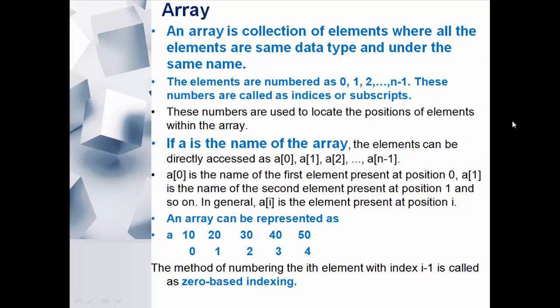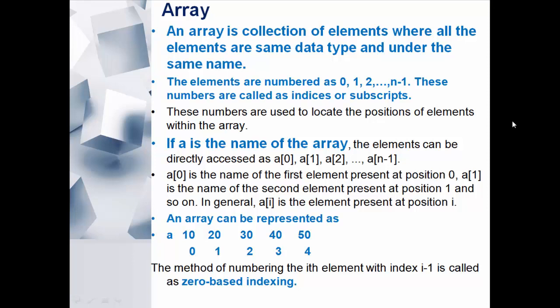If I take an array name as a, so the array name is taken as a with the same data type. If I declare the array as int, it contains all the values as integer values. If I take the data type as float, then it contains floating point data elements.